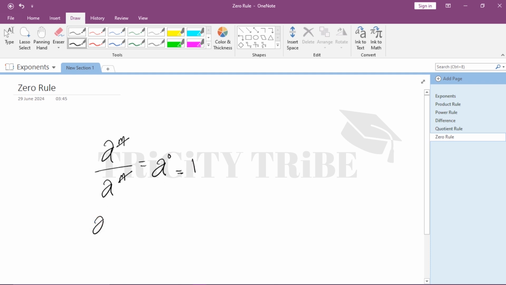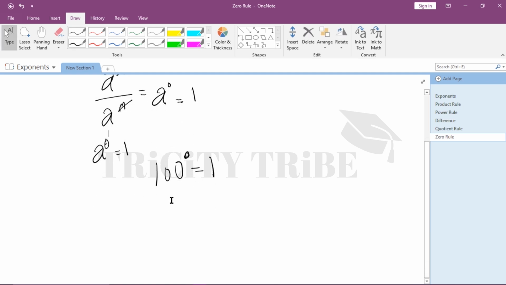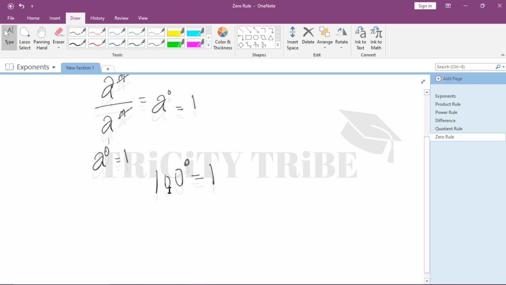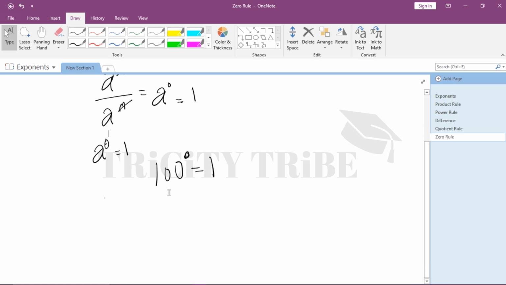Anything raised to power 0 is 1. If you have 100 raised to power 0, that is 1. Any number with an exponent of 0 is equal to 1. Do you understand?